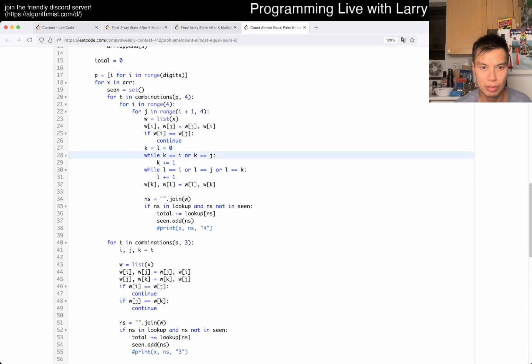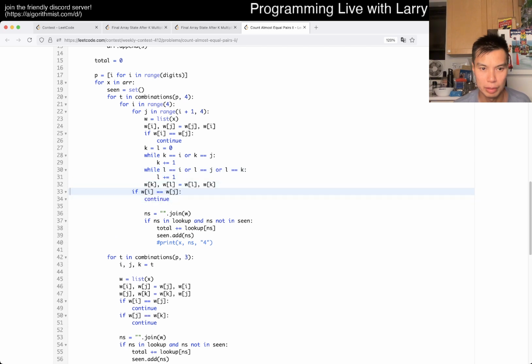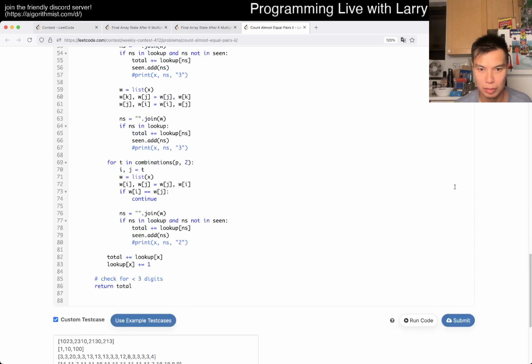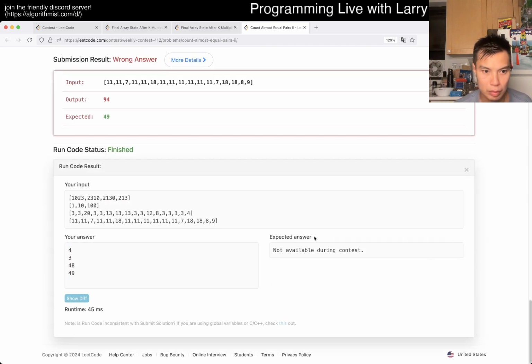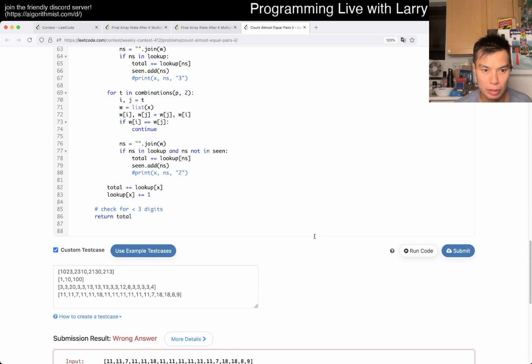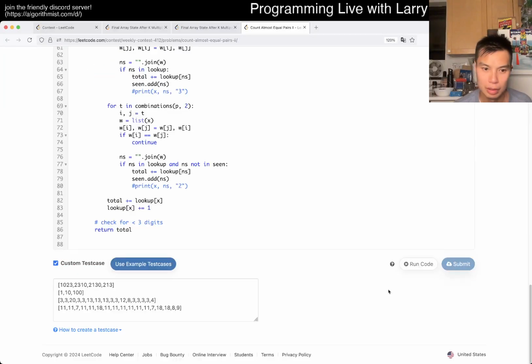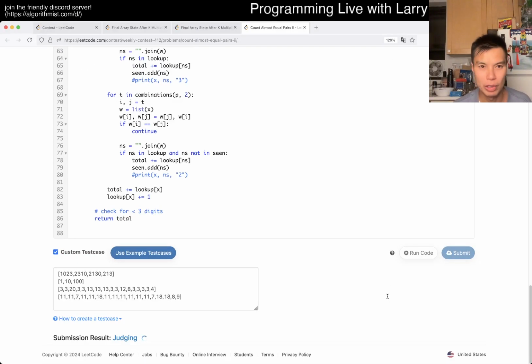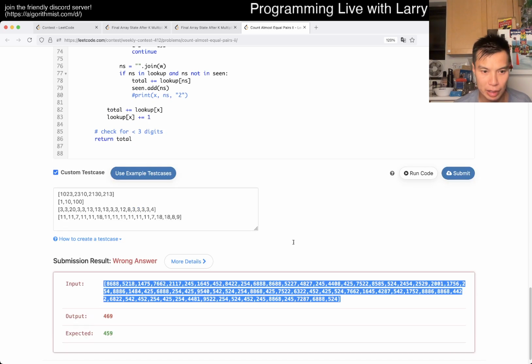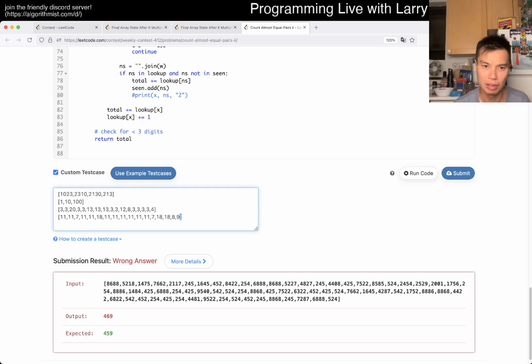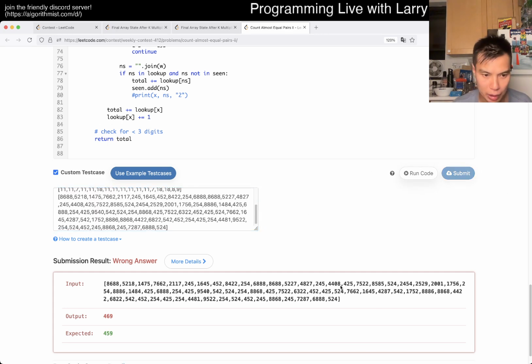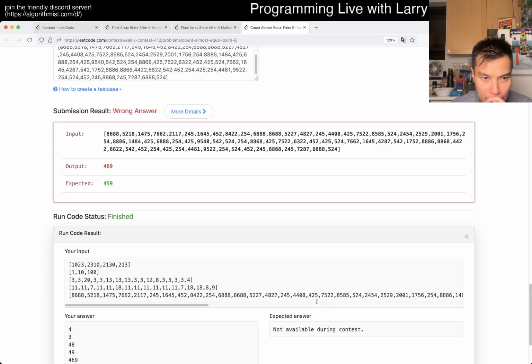I should have done it this way actually to begin with. 49, okay. I'm a little bit YOLOing because we have 12 minutes left. I don't have time to kind of think of the wrong answer cases. I'm still overcounting, huh? Undercounting I could make... No, I guess there's no way for me to undercount, but how do I get overcount?